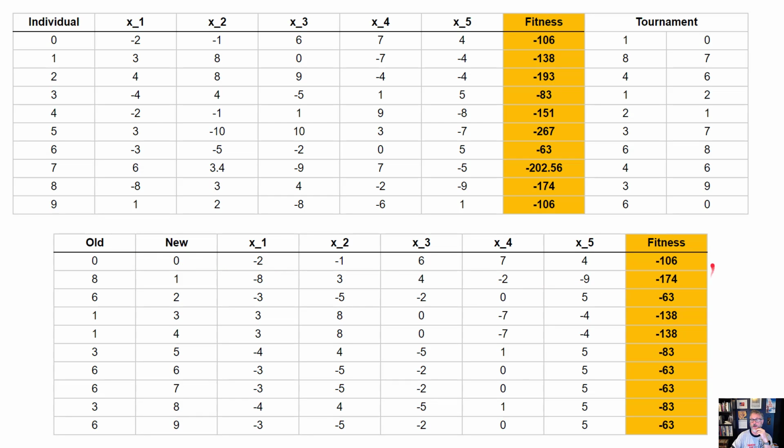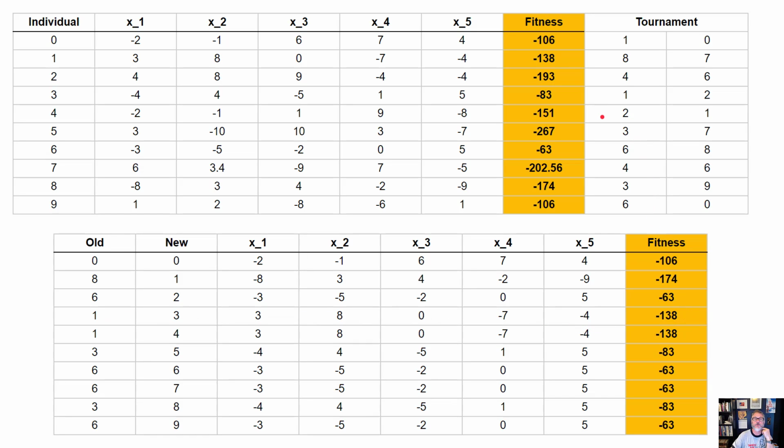Next slot-filling tournament is numbers 8 and 7. Out of those 2, number 8 is the winner, so the old 8 becomes the new number 1 and is copied into the new population. Then we look at 4 and 6. 4 has a fitness of negative 151, 6 is negative 63, so 6 gets copied in. Then 1 and 2, negative 138 and negative 193. The 1 gets copied, negative 138.